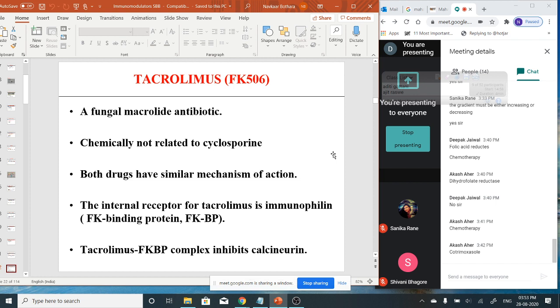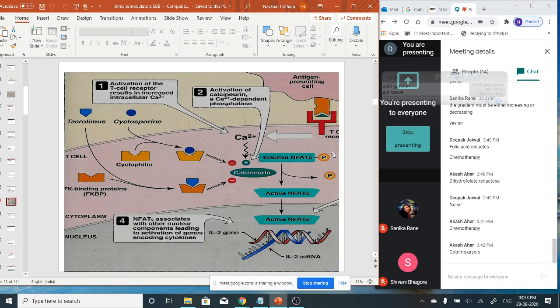So this is typically the FK binding protein, and that will cause inhibition of calcineurin. So you can see a similar mechanism. If you see the previous one, it was cyclophilin. Now I am trying to show you cyclosporin first.